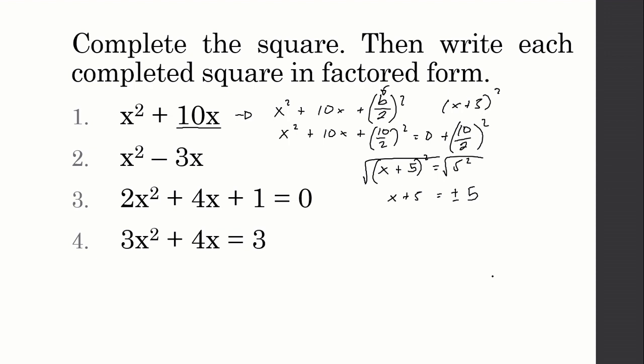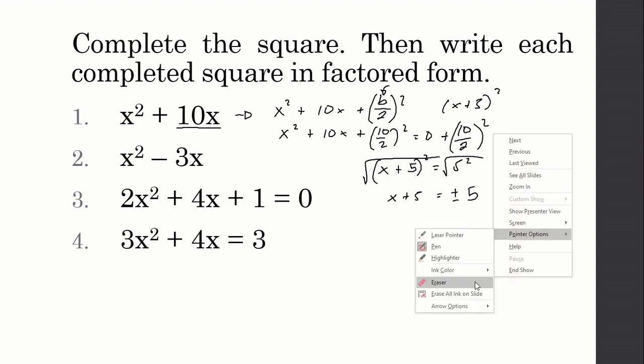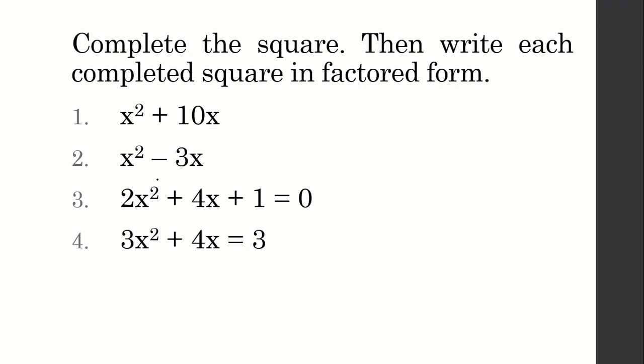Now, for the other questions, let's just determine the factored form of the given. So for the first one, it will be like x plus 5 squared equal to 5 squared.